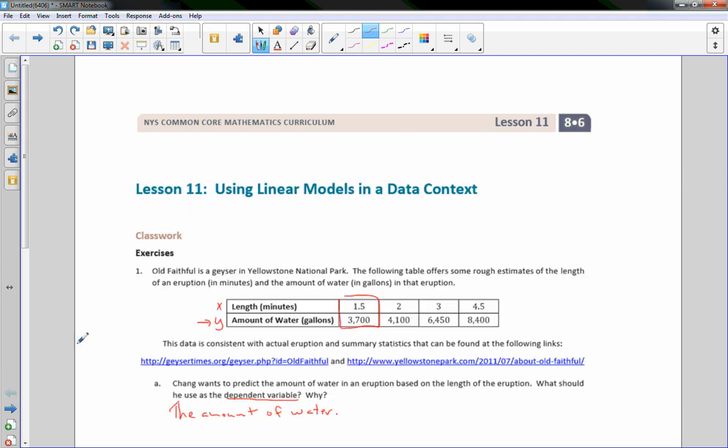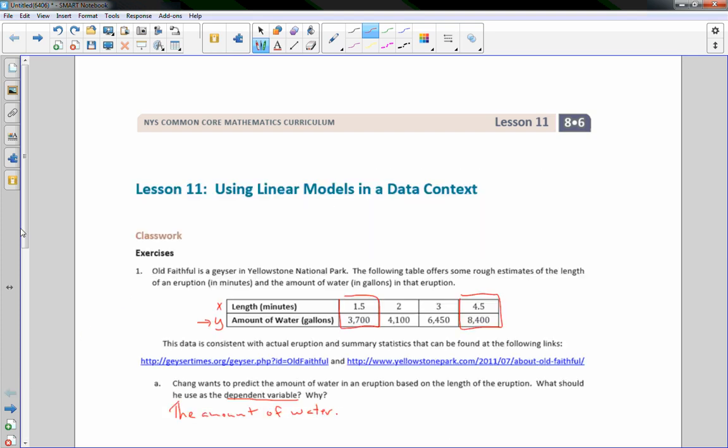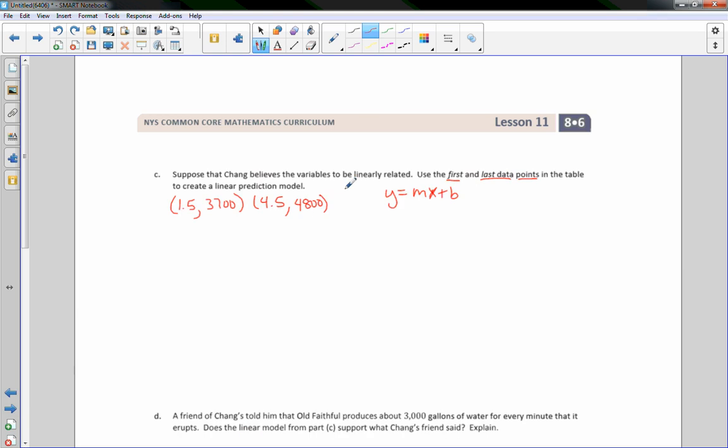The last data point is 4.5, 8,400. Let me verify. Yeah, I reversed that, it's 8400. No commas. Okay, 4.5, 8400.